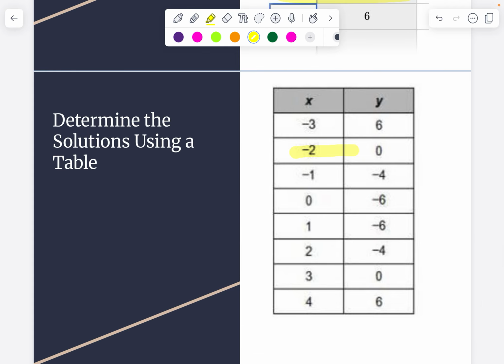This one, I see a y value of 0 here and a y value of 0 here. Again, we're looking for the x value when y is 0. And here the two x values are x is -2 and x is 3.